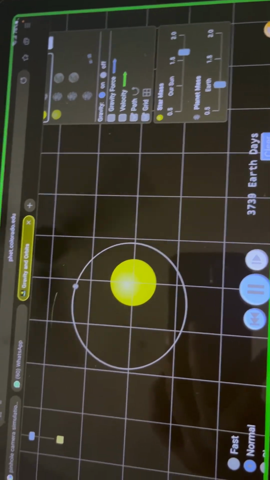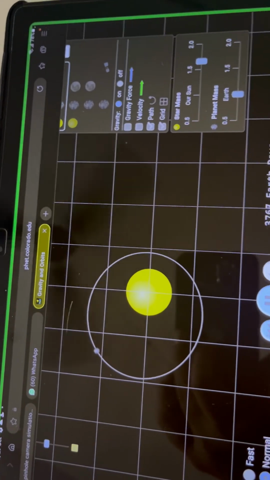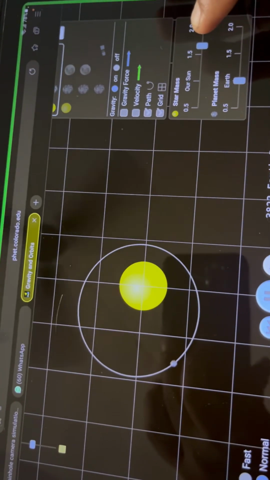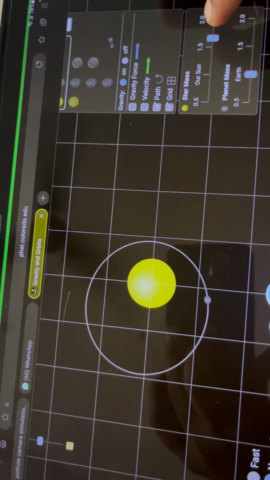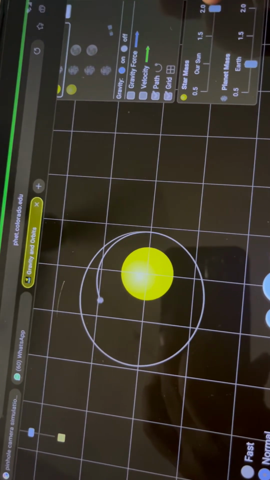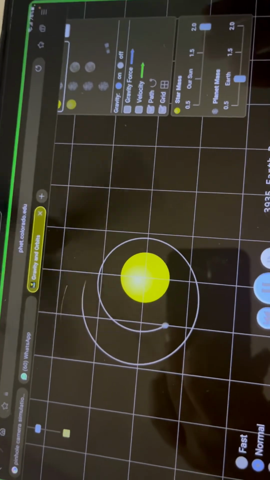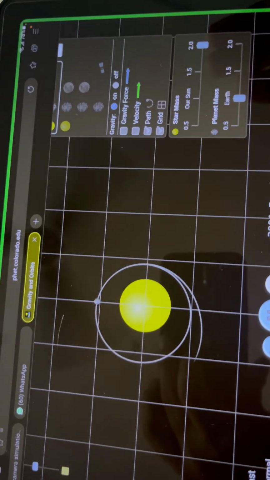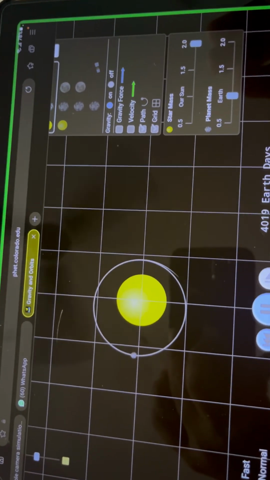So the gravity is increasing means the moon is coming nearer to the sun. Similarly, in the same simulation, if the gravitation is increasing a lot, see how it comes very near to the sun. If I increase somewhat more, it will simply fall towards the sun.